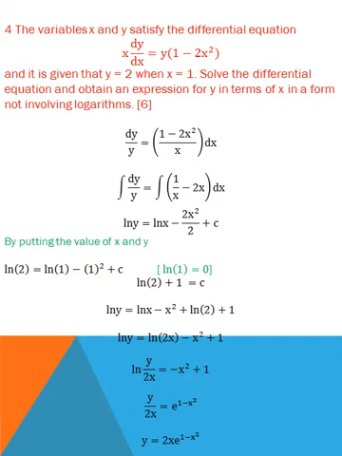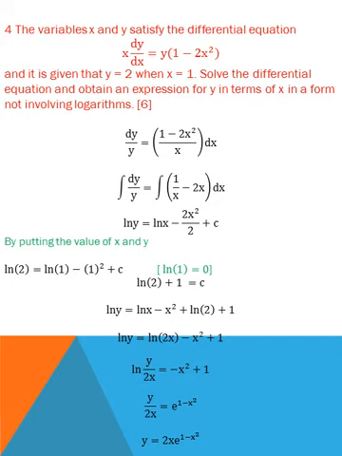Then integrate both sides. When I integrate 1 over y, it will become ln of y, because the derivative of ln y is 1 over y and integration is the inverse of differentiation. In this way, when I separate the 1 minus 2x square over x, it becomes 1 over x minus 2x.